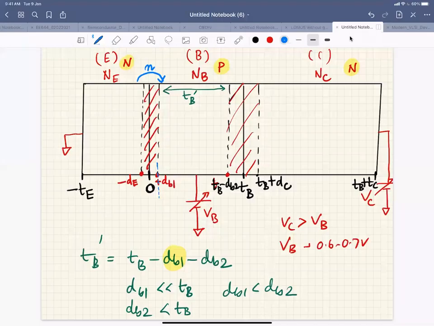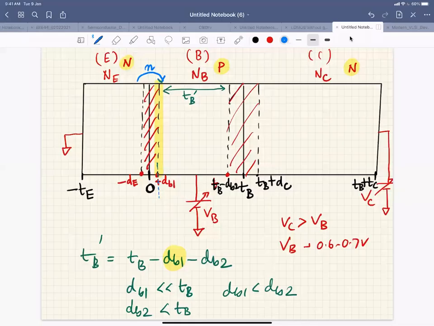Okay, we'll talk about that later. So the electrons are injected, and then we have excess minority carriers, so excess electrons at this junction here, right? And because I have a concentration gradient, because I have a lot of electrons at plus dB1, these electrons will diffuse.